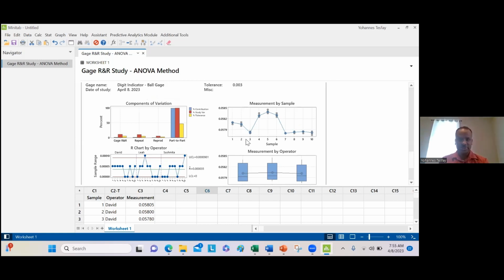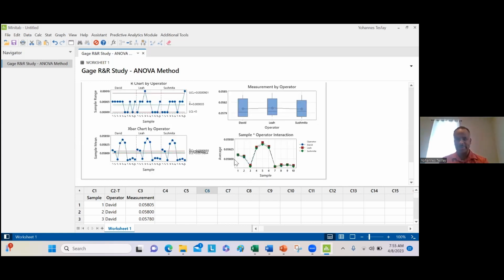And once you determine this gauging system is acceptable, no interaction effect here. All the operators are consistent. So that's how we're going to interpret the variable gauge.